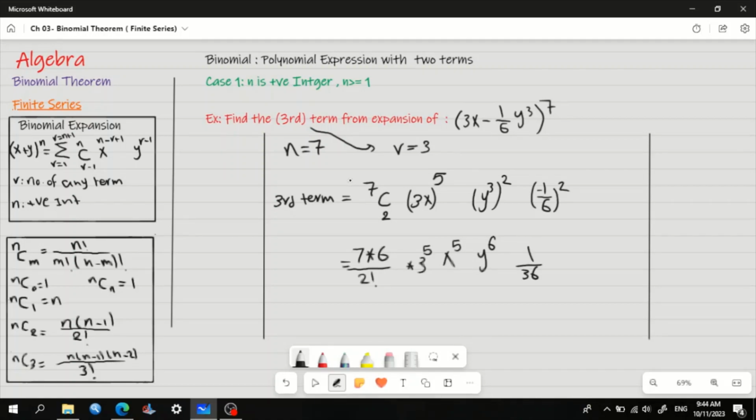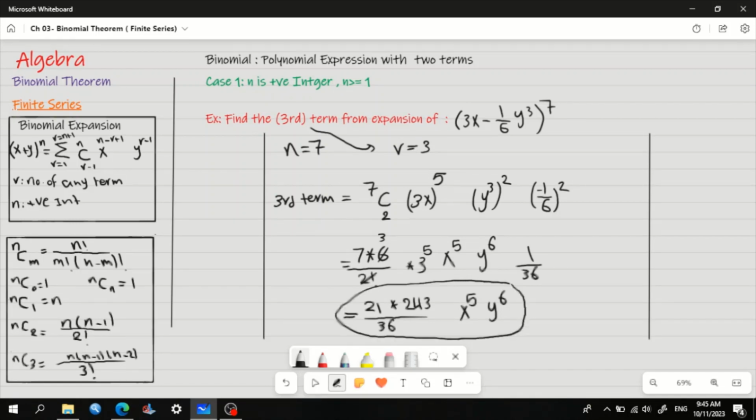So we have here 21 and 243 by 36, x power 5 y power 6. So this is the third term of this expansion.